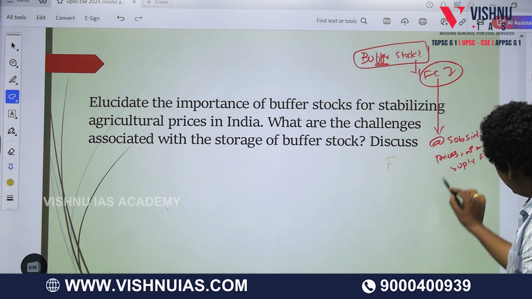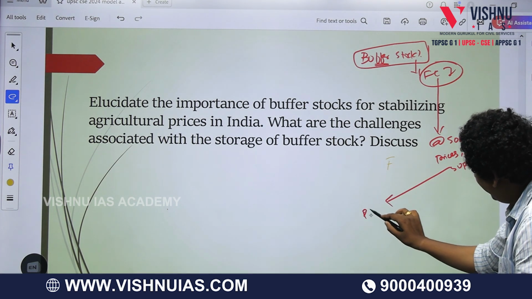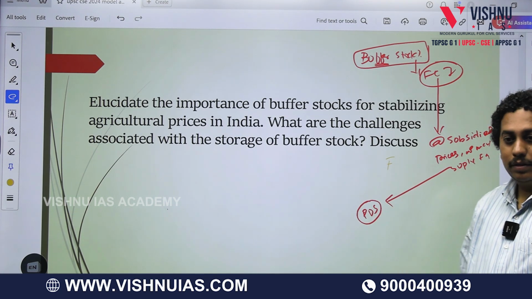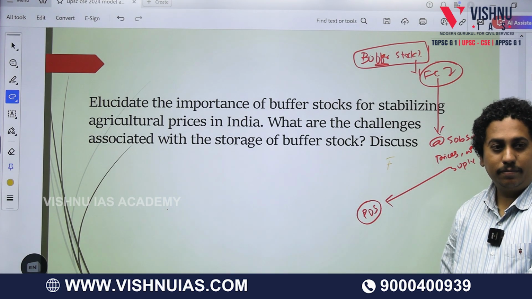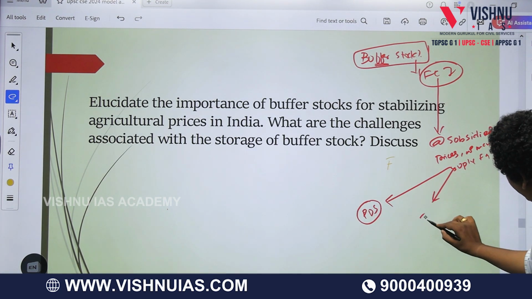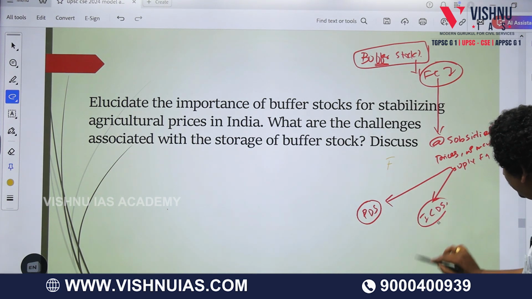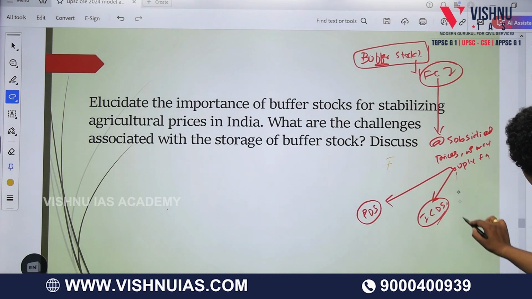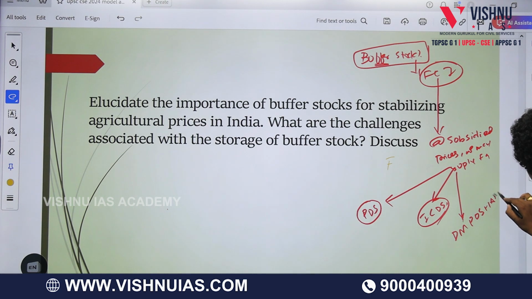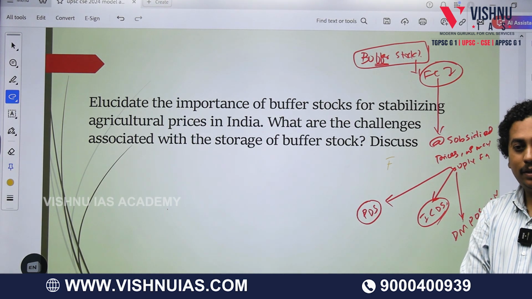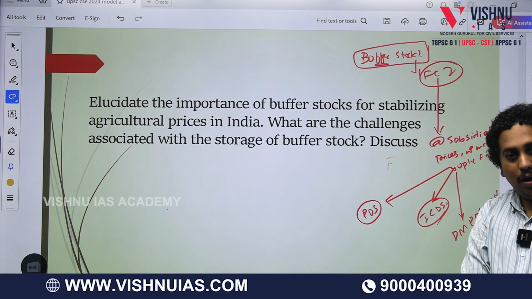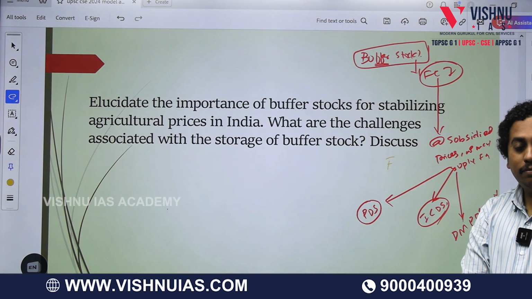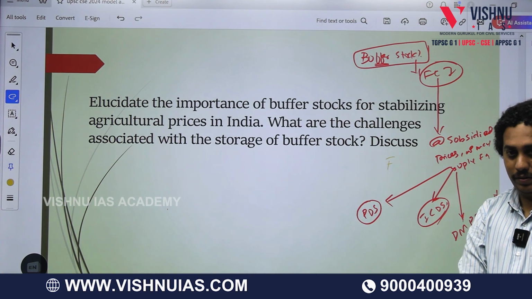The best example is PDS, public distribution system. Another one, ICDS, you can write ICDS, Integrated Child Development Scheme. Another one is PM Poshan, earlier called the midday meal scheme. So through all these initiatives we can basically use this buffer stock.